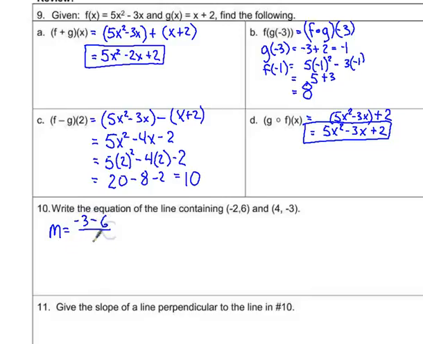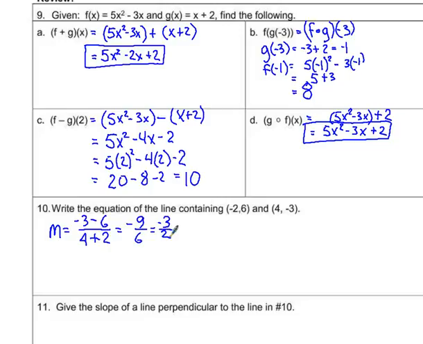We're going to divide that by x2 minus x1, and because it's subtracting a negative, it became positive. When we simplify that, we get -9 over 6. Simplifying the fraction, we get -3 over 2. All right, so we know our slope is -3 over 2.